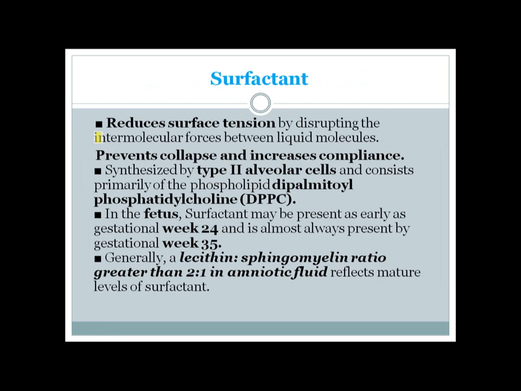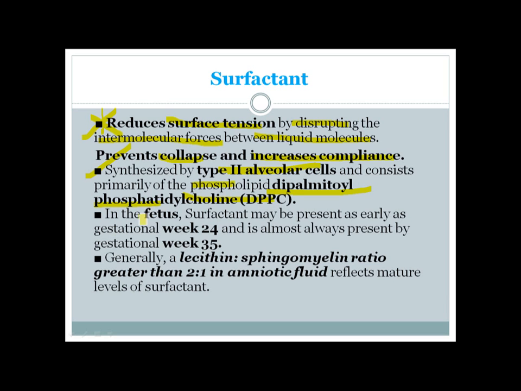So what is surfactant? Surfactants are chemical substances that reduce surface tension by disrupting the intermolecular forces between the liquid molecules, and this prevents collapse and increases the compliance, or distensibility, of the alveoli. Surfactant is synthesized by the type 2 pneumocytes, and it mainly contains the phospholipid called dipalmitoyl phosphatidylcholine.